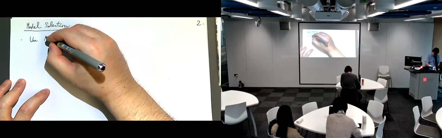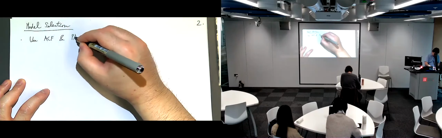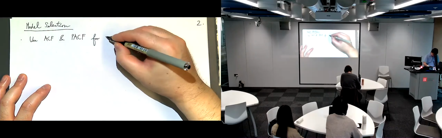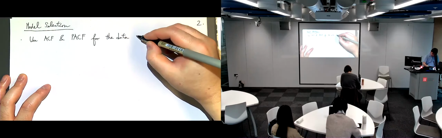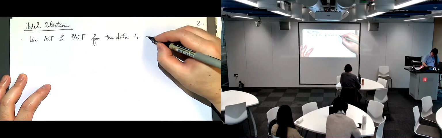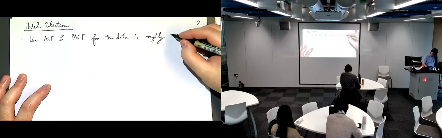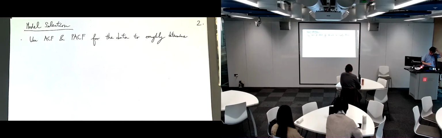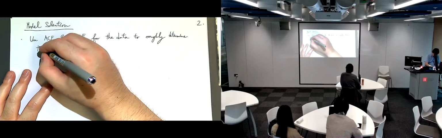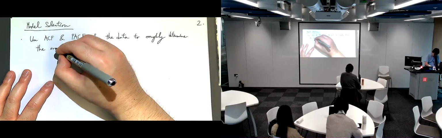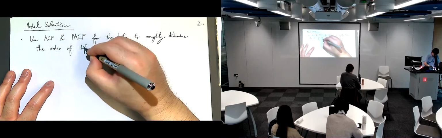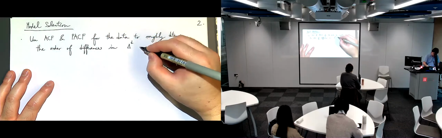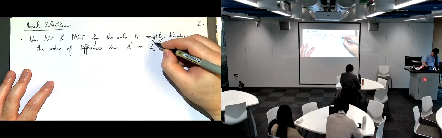So you can use ACF and PACF, the empirical version, of course, for the data, to roughly determine the order of differences in delta to the power d or delta s to the power D, okay?